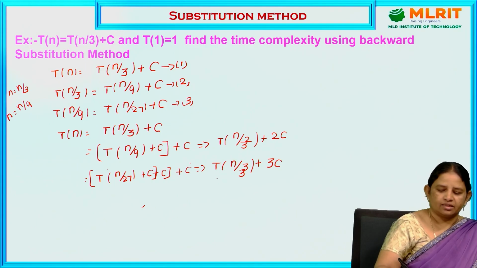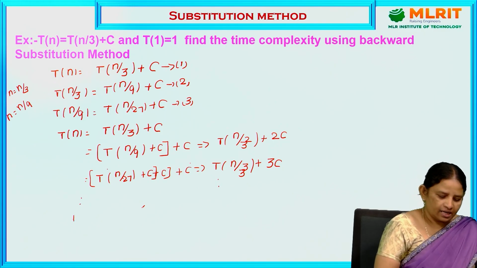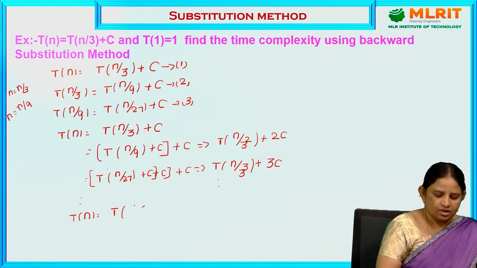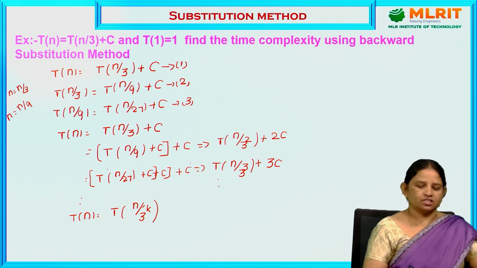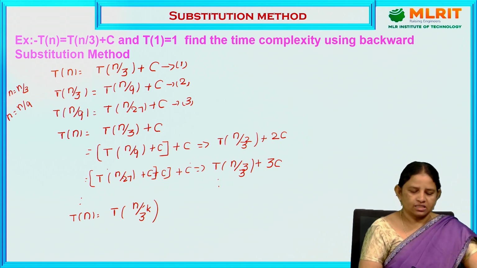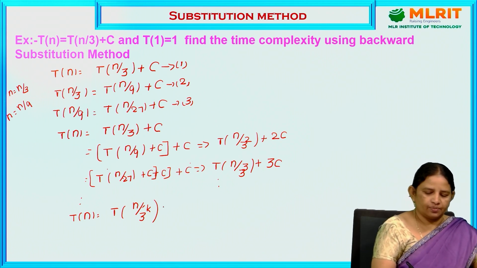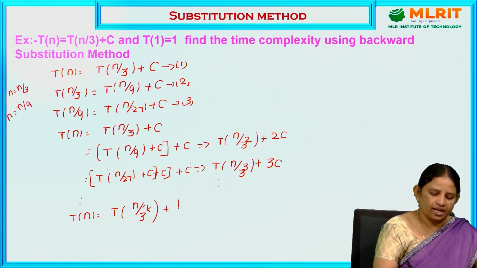This process is repeated for k terms. That is T of n equal to T of n by 3 power k. That means the first term is 1c, second term is 2c, third term is 3c, like that.